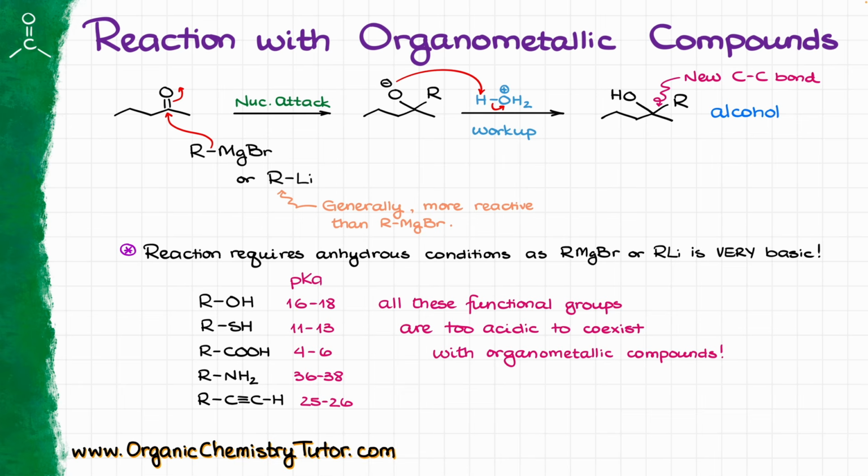All of these functional groups are too acidic for them, so if you have any of those, the acid-base reaction is going to happen faster than your nucleophilic attack. You have to be mindful about that and either put a protecting group on your acidic hydrogens or plan your synthesis in such a way as to avoid the coexistence of the acidic group with the organometallic compounds in the same pot.